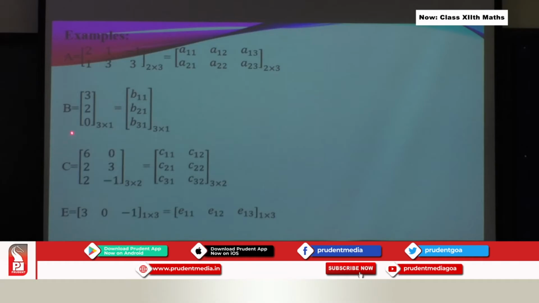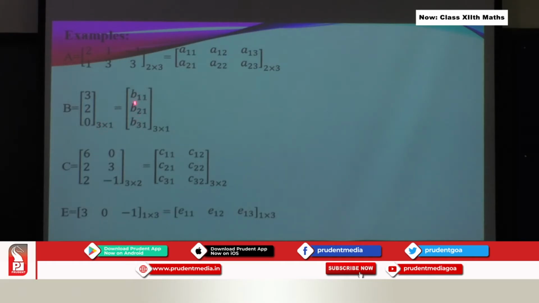Now look at this another matrix here. Here I denoted as A, here I denoted as B. Now here, how many rows do you have? 1, 2, 3. And how many columns do you have? Here only 1 column. So here I say 3 cross 1. Since we have 3 rows and 1 column, I get it here as 3 cross 1.